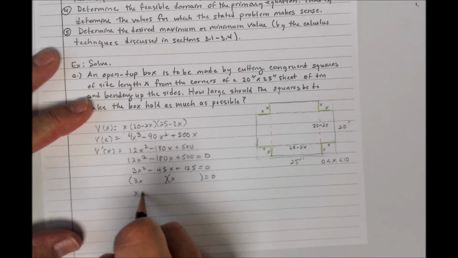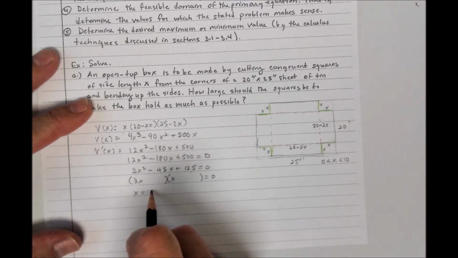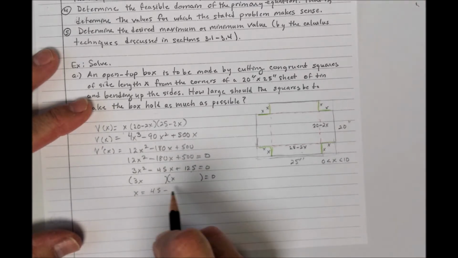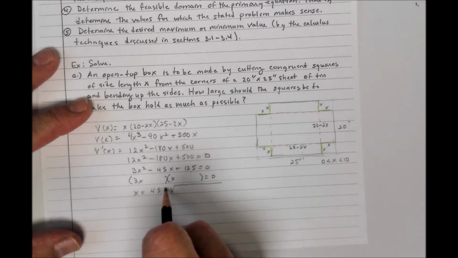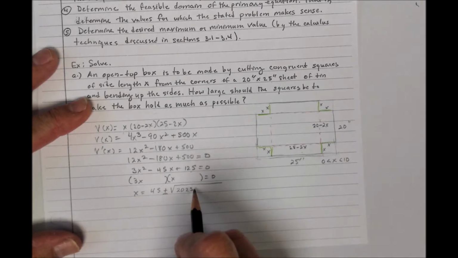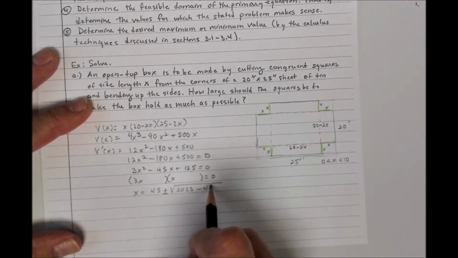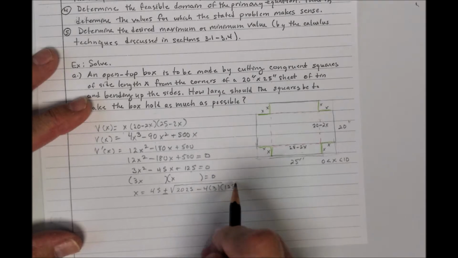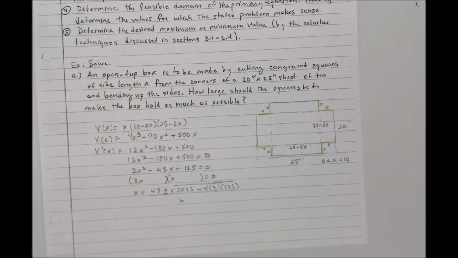x equals the opposite of b, which would be 45, plus or minus the square root of 45 squared, which is 2025. I'll double check that. Minus 4 times 3 times 125, all over 2 times a, that'd be 6. Let me grab Mr. Calculator. Doggone me for being ill prepared here and having one that I thought was going to work out just fine.